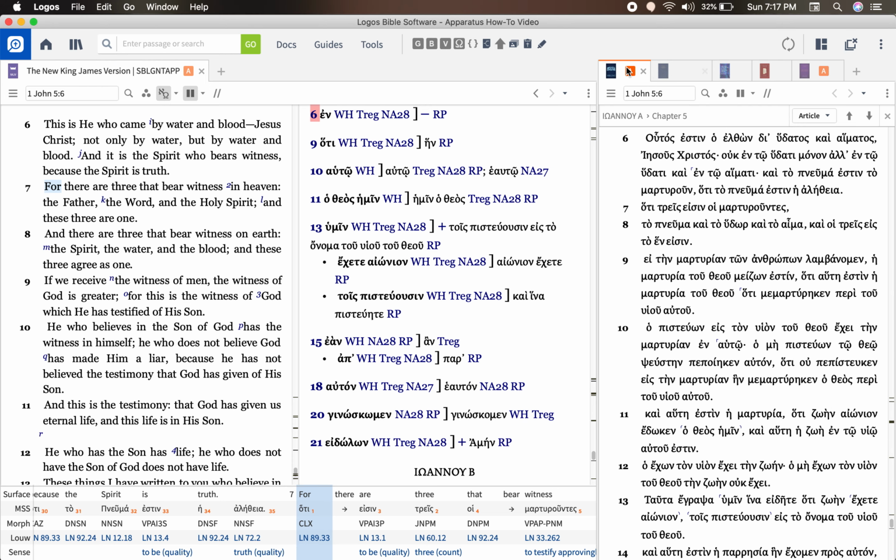So if you go to the SBLGNT and go to verse 6, you'll see the word in. And it's supported also in the critical editions of the Westcott Hort, the Tregelles, and the NA28. And then this little sign here, if you're ever confused, at least in Logos, you can always click on that, and it says the indicated text is omitted by the listed witnesses. So the Robinson Pierpont does not list this word.